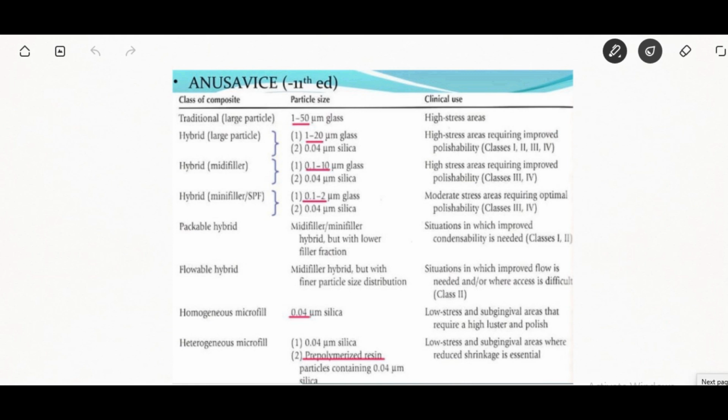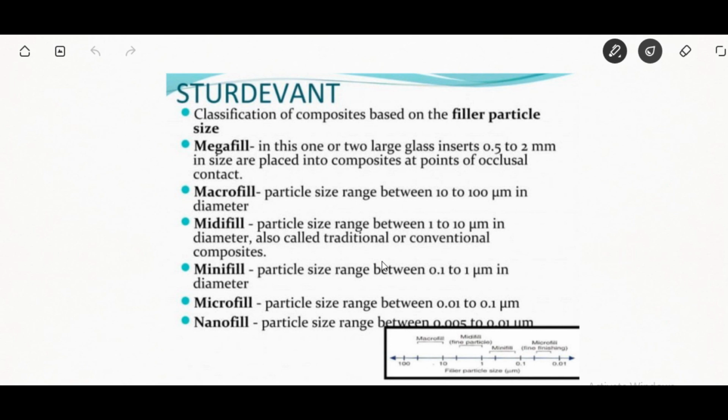According to the Sturtevant classification, they can be divided on the basis of filler particle size. They can be megafill, macrofill, midfill, minifill, microfill as well as nanofill. So learn the particle size based on the filler particles.